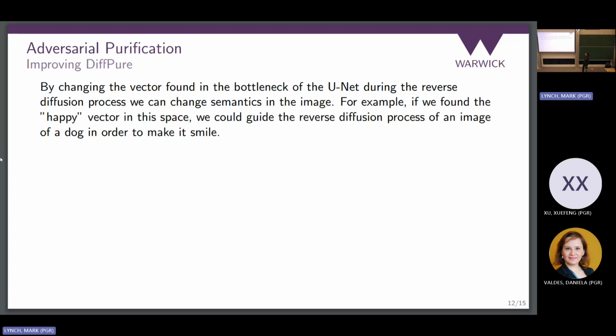As an example, if we found what the happy vector looks like in this bottleneck, we could add a little bit of that vector in the bottleneck while we're going through the reverse diffusion process, and maybe push our image towards being happier. This has been done.